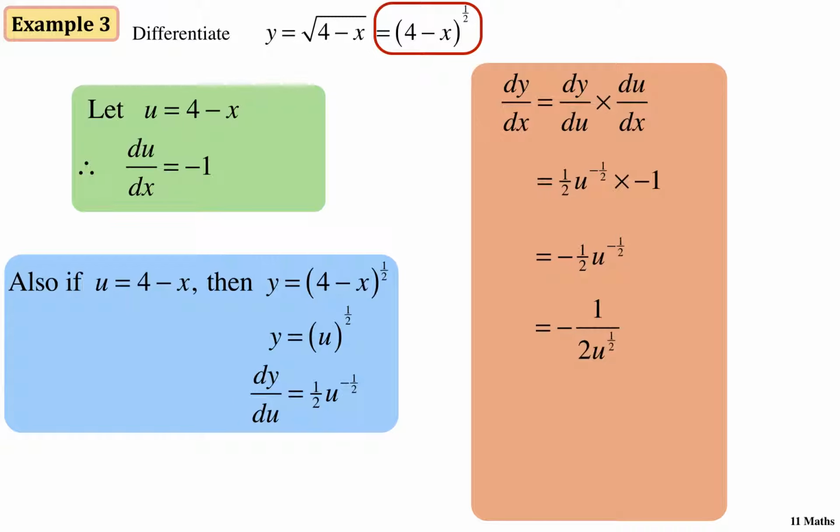But what's u actually equal to? Well, we're told u is equal to 4 take x. But u is also to the power of a half, and I could think of that as the square root of u. Then I can put the 4 take x in its place, and I end up with minus 1 on 2 square root u, which is minus 1 over 2 times the square root of 4 take x.